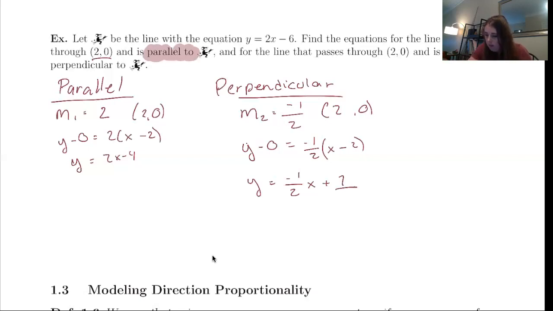Don't tell me that 2 times 1/2 is 0. I'll be very sad and concerned for you. Okay. Any questions about finding parallel and perpendicular lines? How are you guys feeling about them? Thumbs up, thumbs sideways, or thumbs down? Okay, cool.